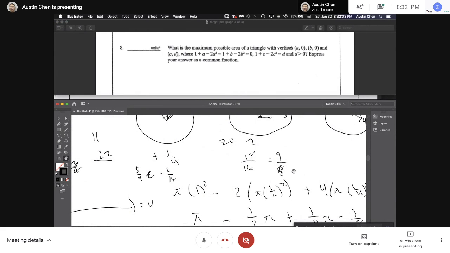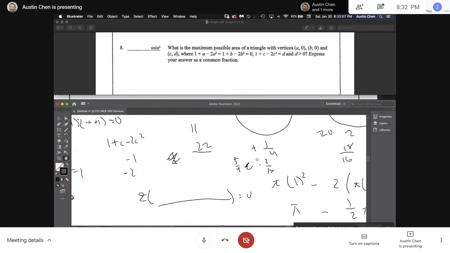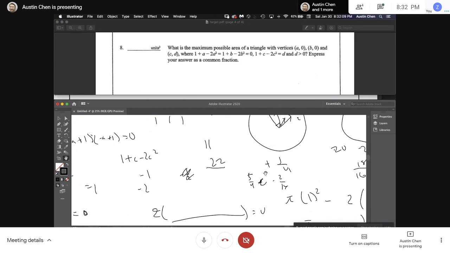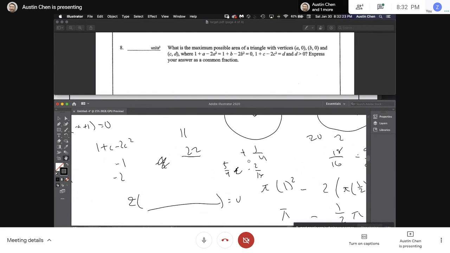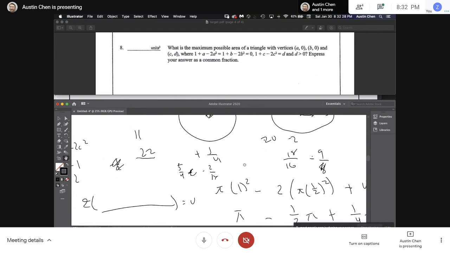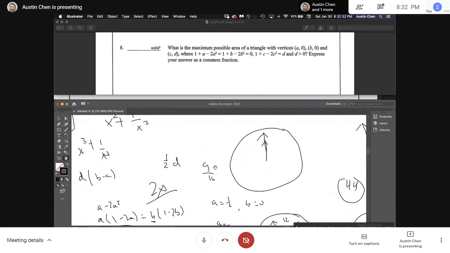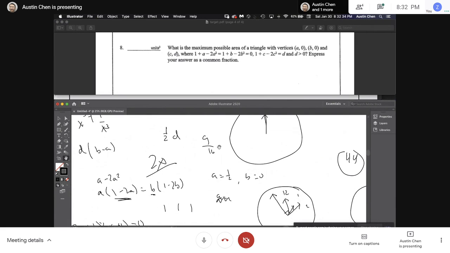Oh wait, no. Okay, it's gonna be a 1/4. It's gonna be 5/4 minus 2/16, which is 20/16 minus 2/16, which is 18/16, which is 9/8. So then we have 9/16, but that's not correct.